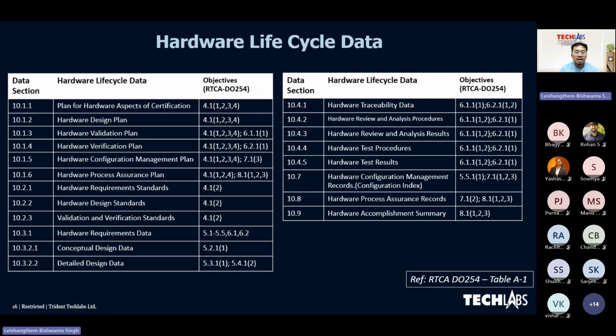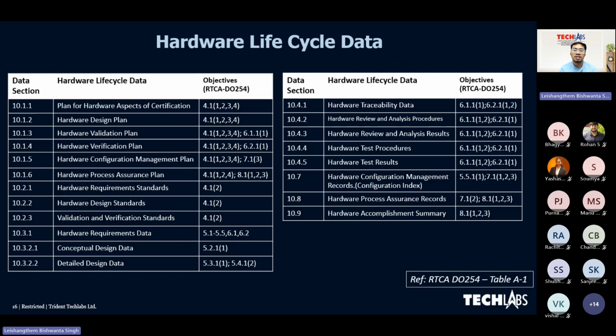All these hardware lifecycle data, I have already mapped to each process in the previous slides, if you can remember. Then we have hardware requirement data, design data, detailed design data, hardware traceability data, review and analysis procedure, review and analysis results, test procedure, test results, and finally the configuration management record or configuration index, hardware process assurance record, and hardware accomplishment summary. So these are lifecycle data associated with DO-254.